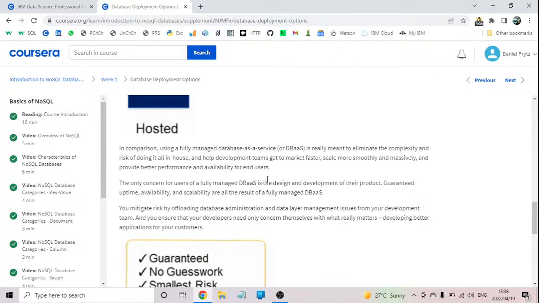Okay, so hosted deployment, how to describe hosted. What makes it unique from do-it-yourself deployment? Okay, so there is no hardware.